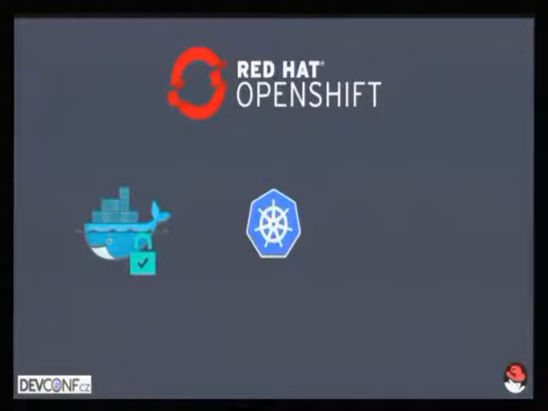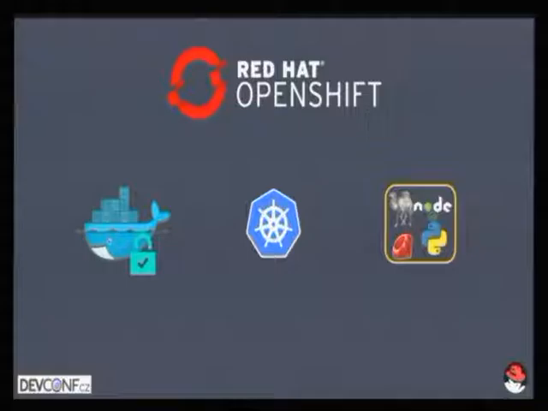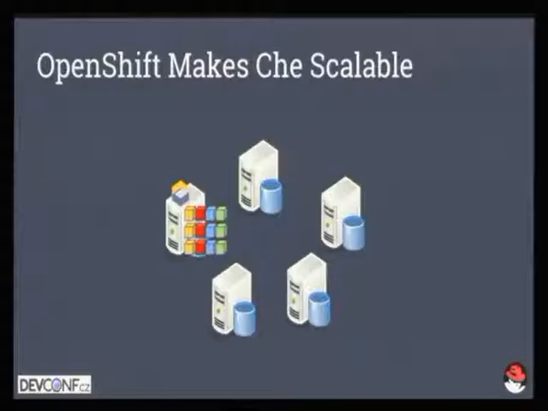And it comes also with Kubernetes that allows you to do container orchestration, and with some runtime environments that will be useful for developers that are using Che to be able to deploy on a prod-like environment. And from the orchestration point of view, the cool thing about having OpenShift is that it automatically makes Che scalable.